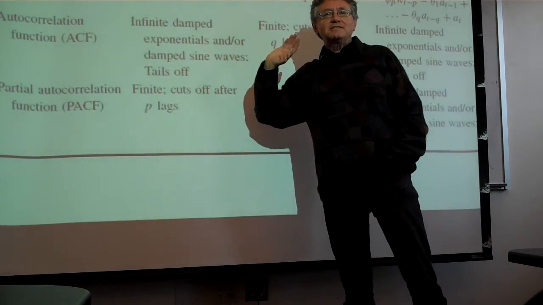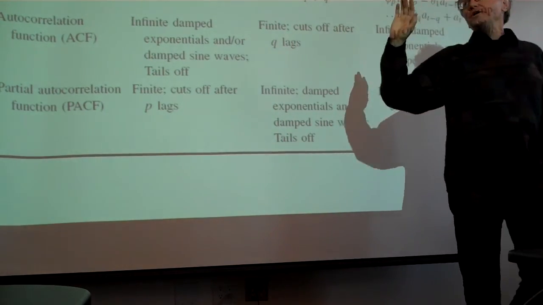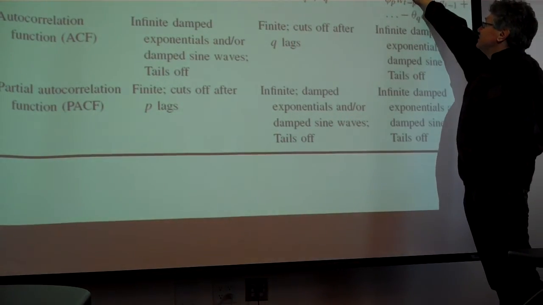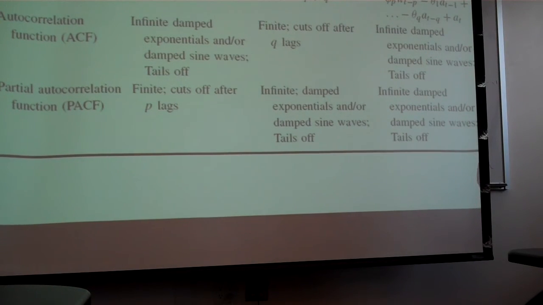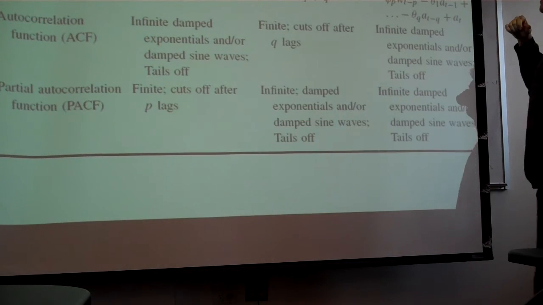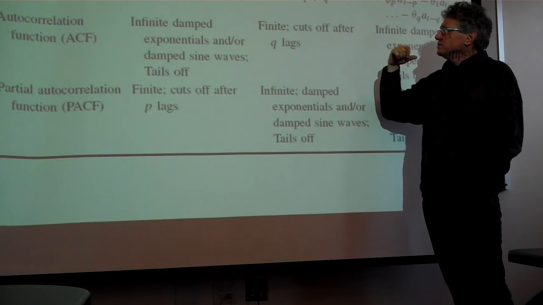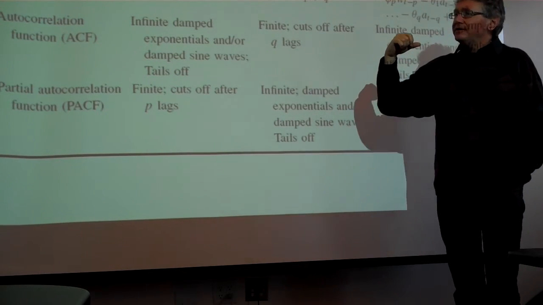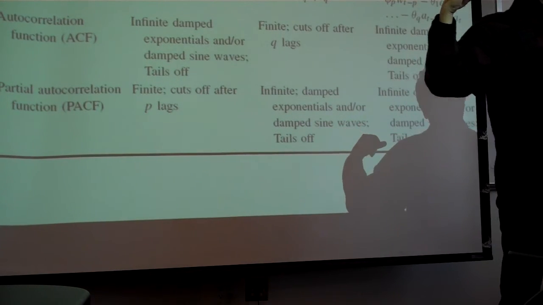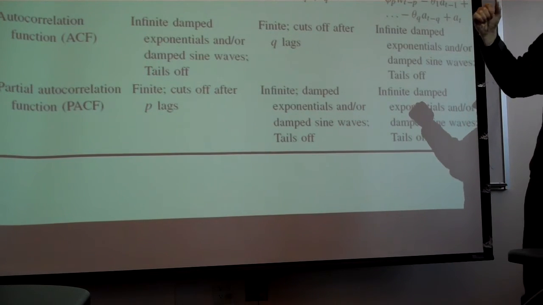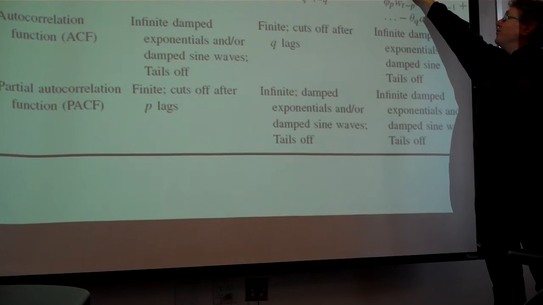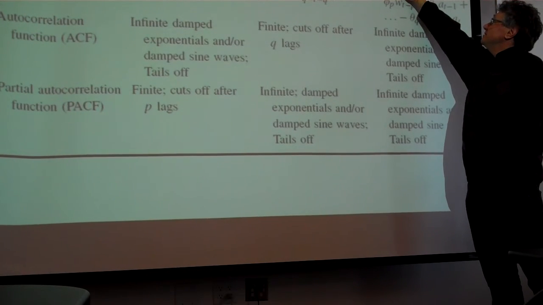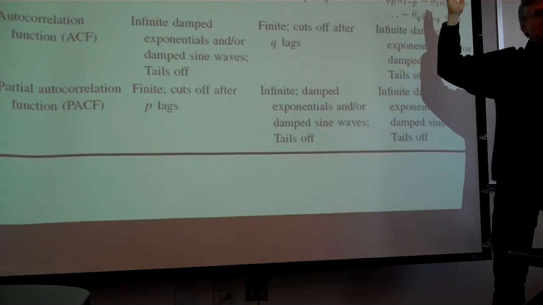So typically the goal is to try and find a model that seems about right. Once you start having mixtures of autoregressive and moving average terms, it's not always obvious exactly what the right solution is, because you can get models that fit almost equally well that have, say, a P of 2 and a Q of 1, or maybe a P of 1 and a Q of 3 or something like that.